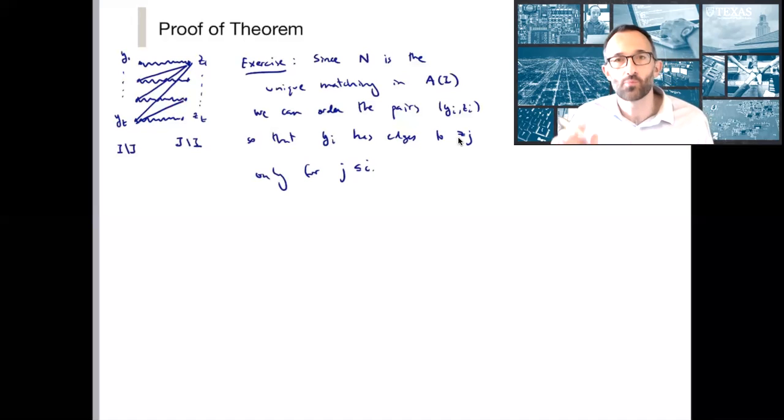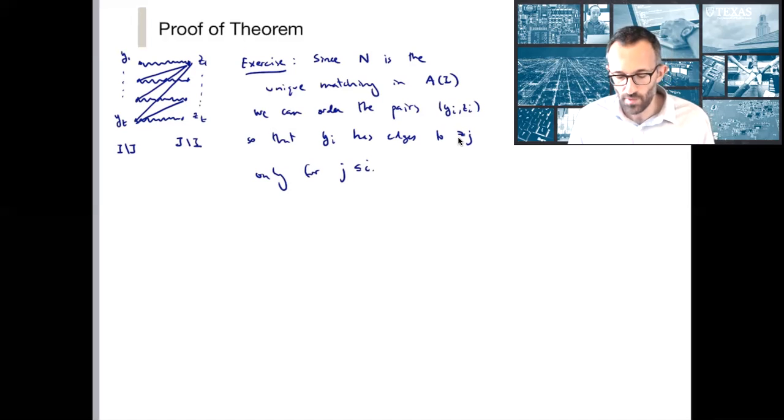And this is the key property of uniqueness. This is where we're using uniqueness, that we can order these in this way. Okay, so this exercise asserts that this little graph on the upper left is essentially what, through reordering, we can have look like this. And again, what are we trying to prove?